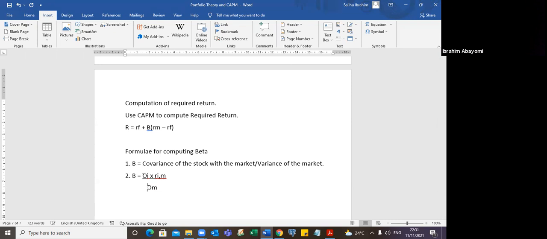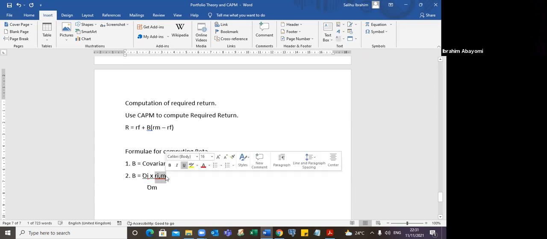So when do I use this? I will use this where the question gives me the standard deviation of the investment, the correlation of the investment return with the market, and the standard deviation of the market as well. However, in some questions correlation will not be given.